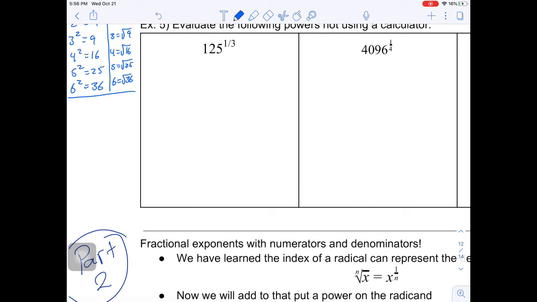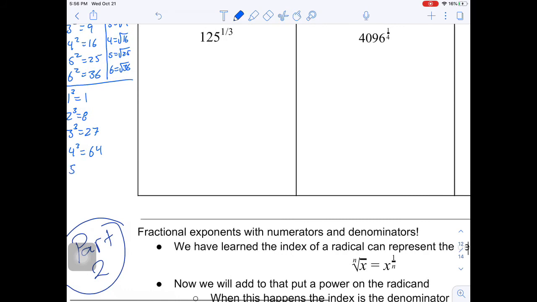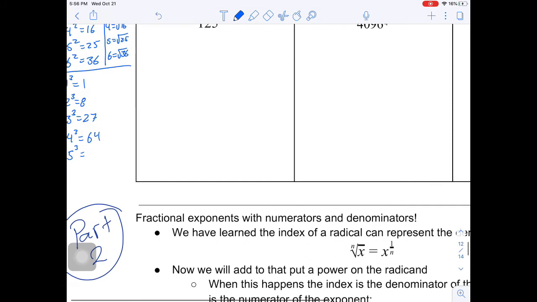So here, let's list a few. 1 cubed equals 1, 2 cubed equals 8, 3 cubed equals 27, 4 cubed equals 64, and I actually don't know what 5 cubed is. I think it's 125, so let's check. 5 cubed equals 5 times 5 times 5.